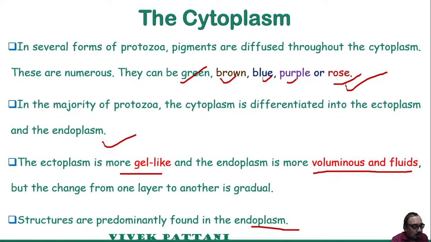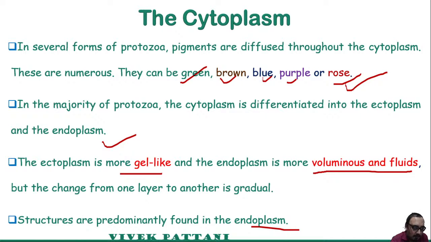This ectoplasm is made up of hyaline or gelatinous substances. The ectoplasm may be defined as the part of the cytoplasm bounded externally by the plasma membrane and internally by the endoplasm.